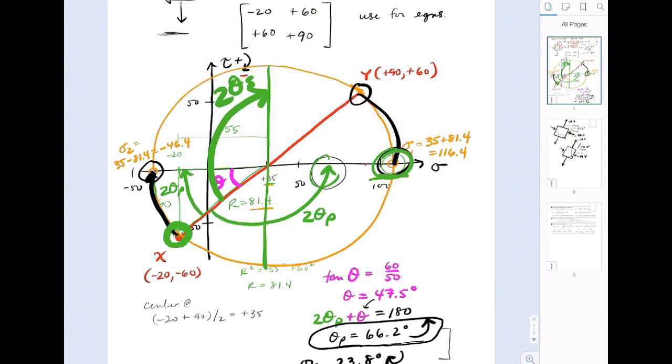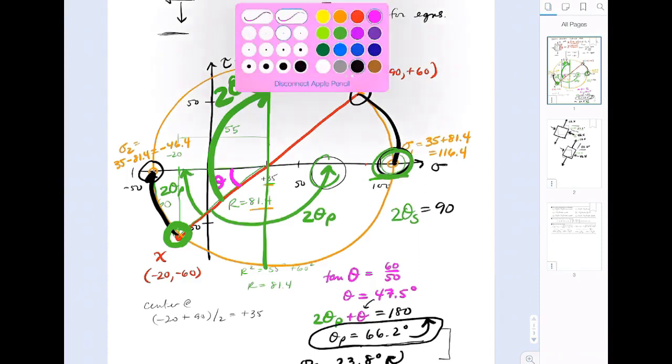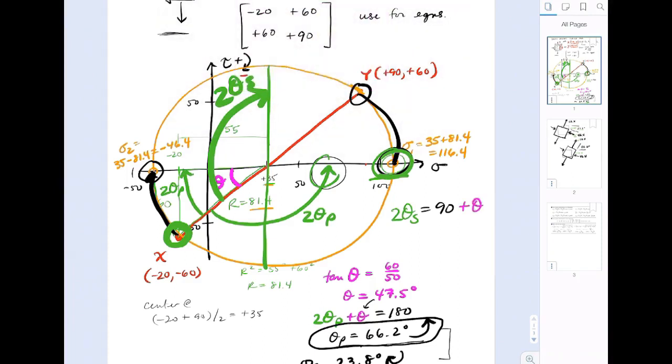Looking at my picture, I would see that 2 theta S is going to equal 90 degrees plus the pink theta. You see the pink theta right there, and I'd have 90 degrees more. That entire strike is what 2 theta S is. So if we solve that, plugging in the number for the pink theta, we'd end up with an answer: theta S is equal to 68.75 degrees.